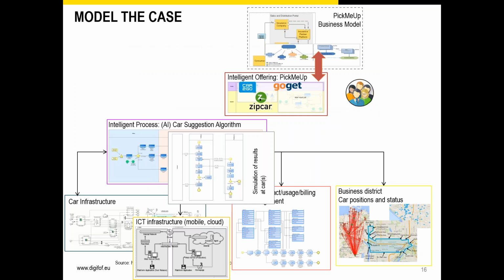We can have a business model representation using E3 value or whatever standard is required. We can use processes for simulation, processes for design. And we of course also need to understand the infrastructure and the data structure that is required for the specific case. So we design first the business idea, and then we model the case appropriately.